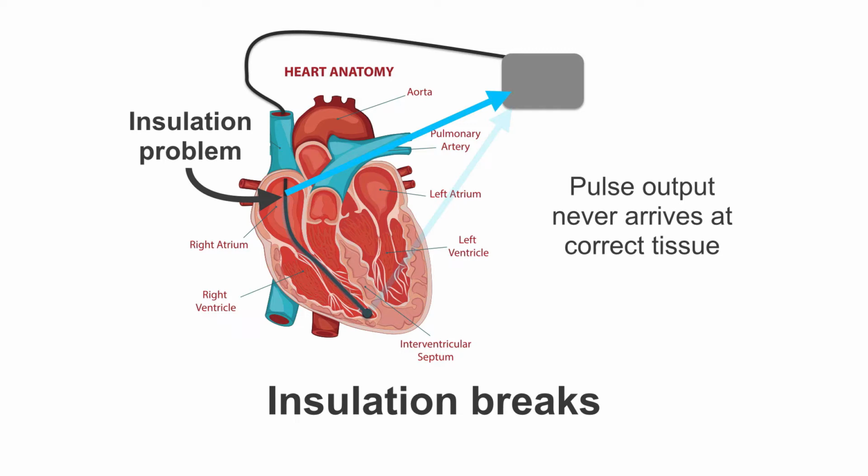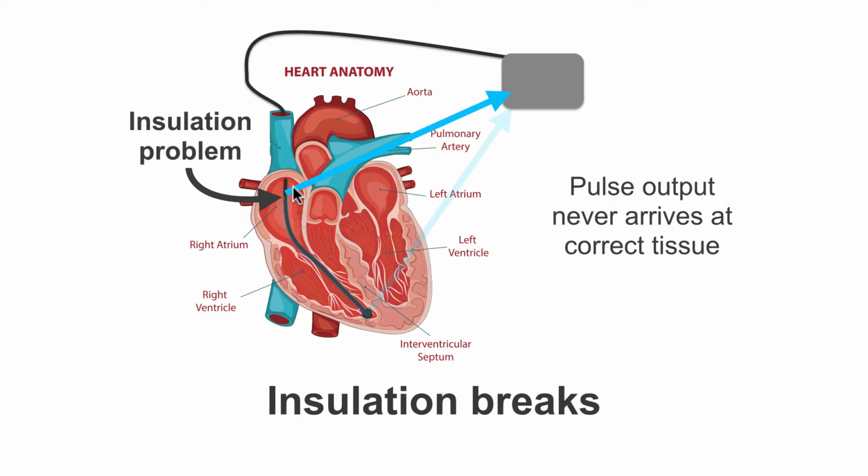Failure to capture could also indicate an insulation problem. Now, our pacemaker leads are insulated, which means that the electricity does not escape before it has reached the electrode. This is where we want the electrical impulse to leave the pacing lead, travel through the heart tissue, and then back to the other electrode, in this case the pacemaker. Now the problem is that electricity is inherently lazy and will take any shortcut provided to it.